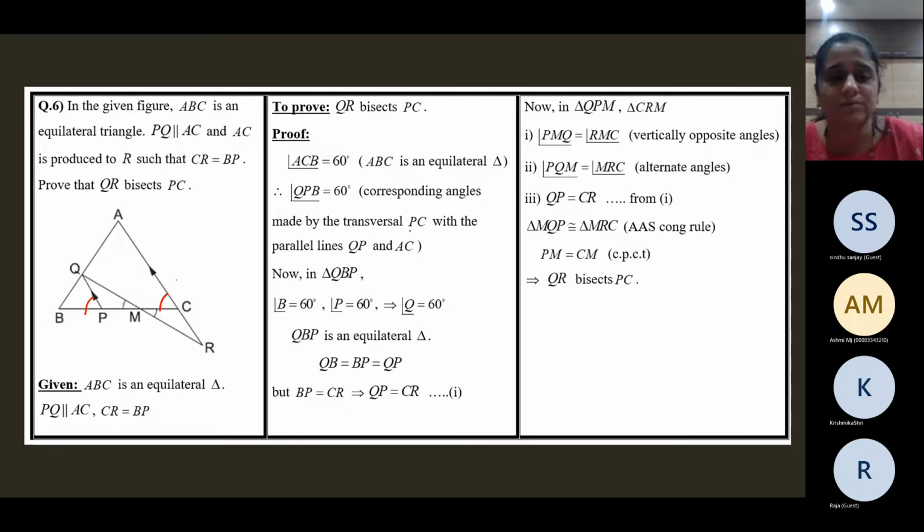You can make a transversal BC, children. Maybe I typed it like that. Transversal BC is also okay, but you can make it BC with the lines QP and AR.